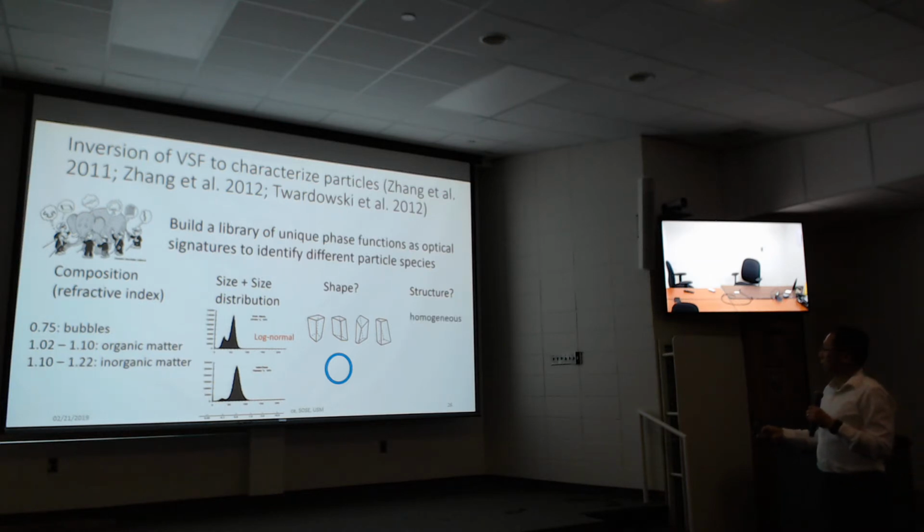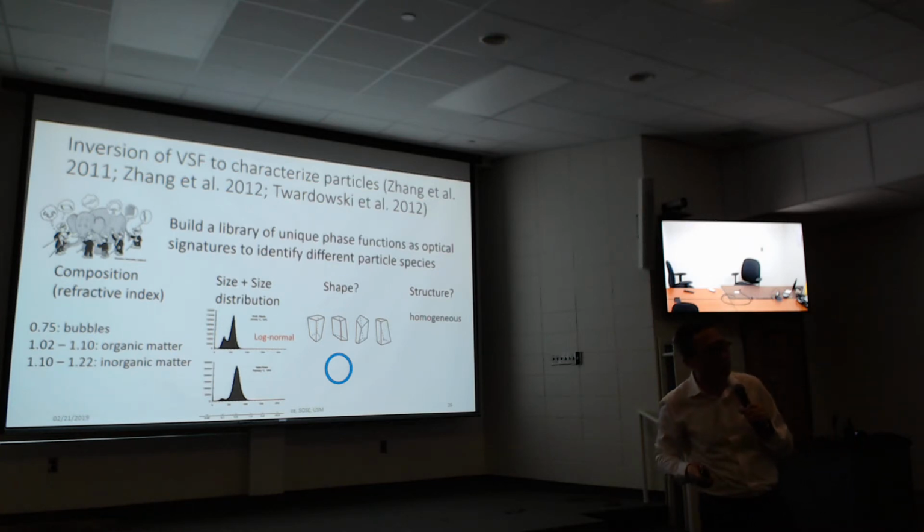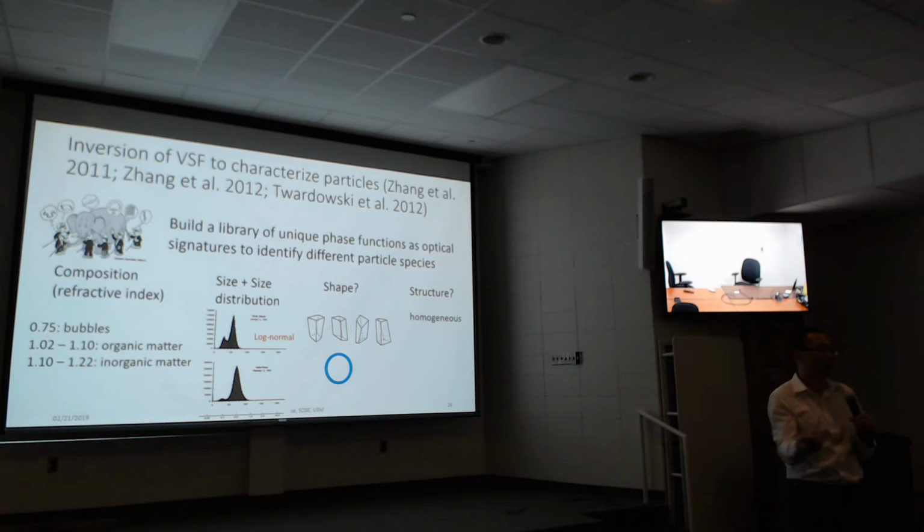Now you ask, how about the structure? Exactly what we are doing now is we assume those particles are homogeneous. This is one limitation we are improving, because there are no truly homogeneous particles. If you look at phytoplankton, certainly they have cellular structure, not homogeneous. But for now we assume homogeneous.